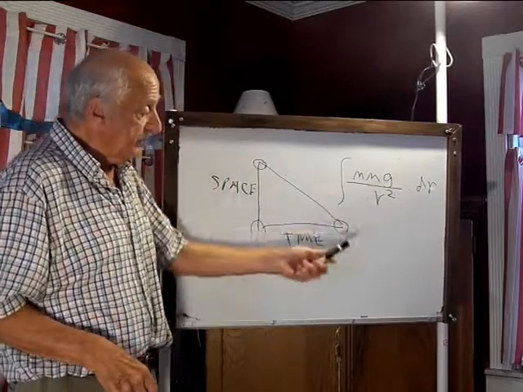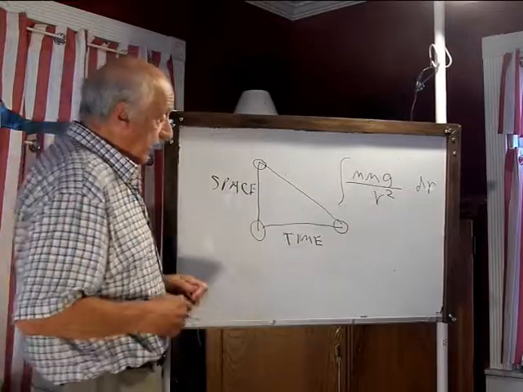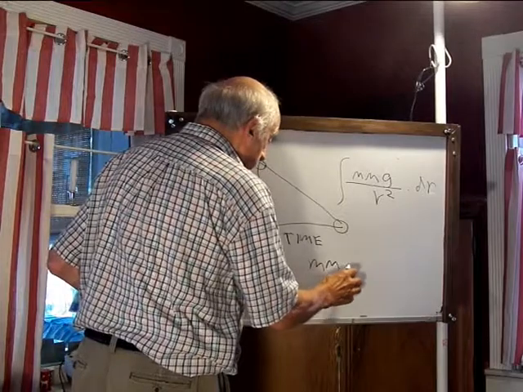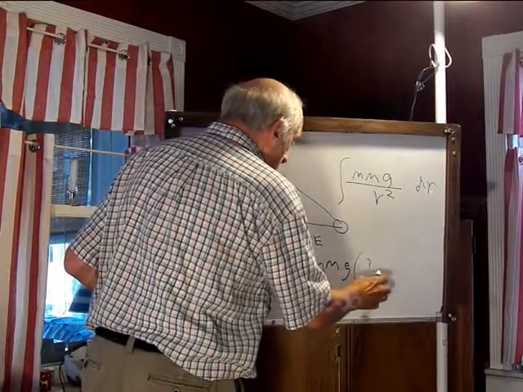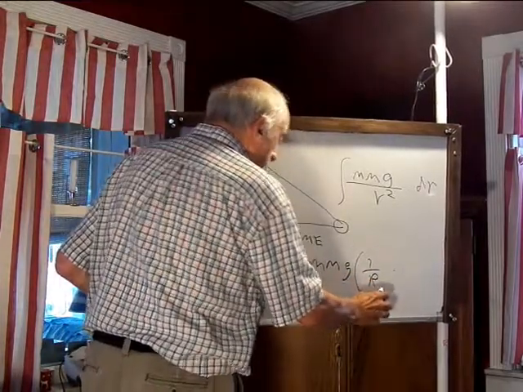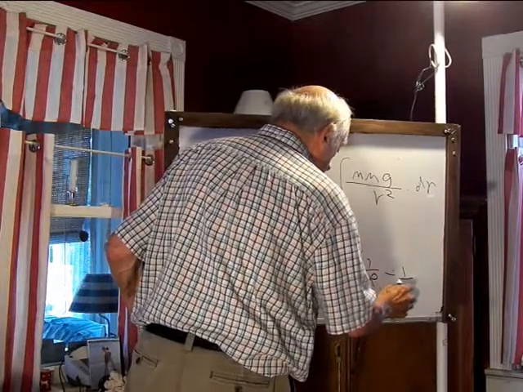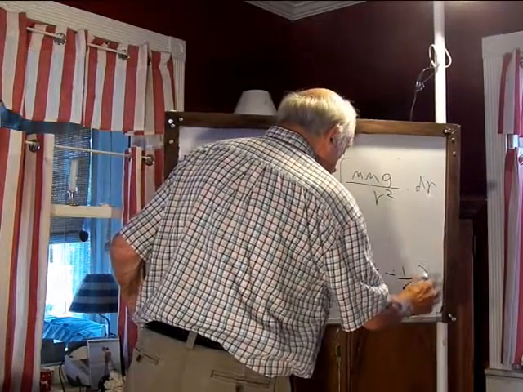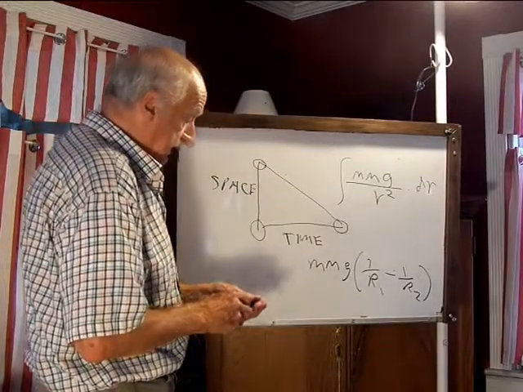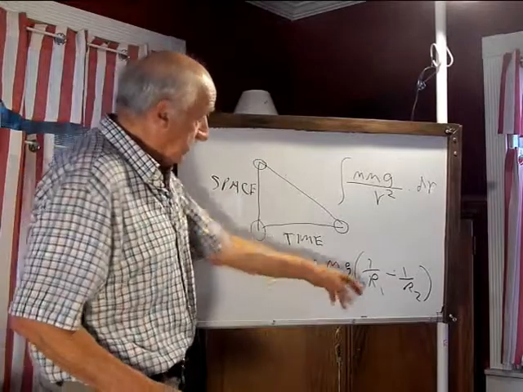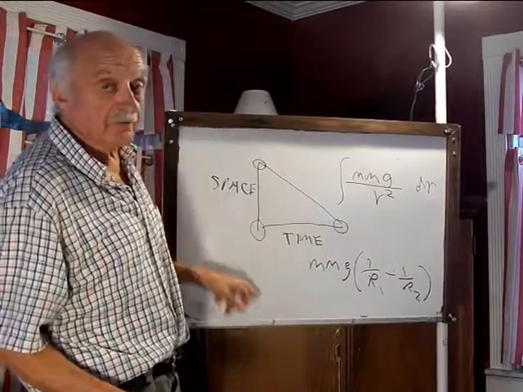I won't integrate that, well perhaps I will. It gives you mg times the difference between the reciprocals in space. The energy between here and here, where this is a distance r1 from the center of mass.